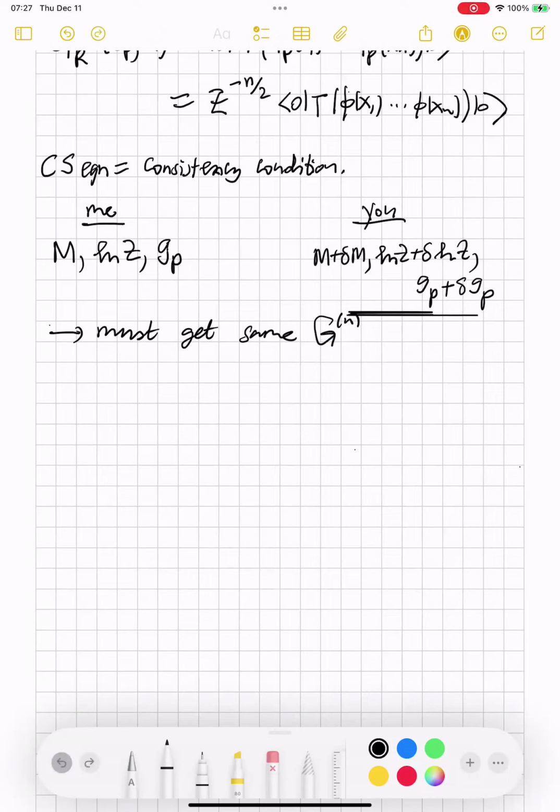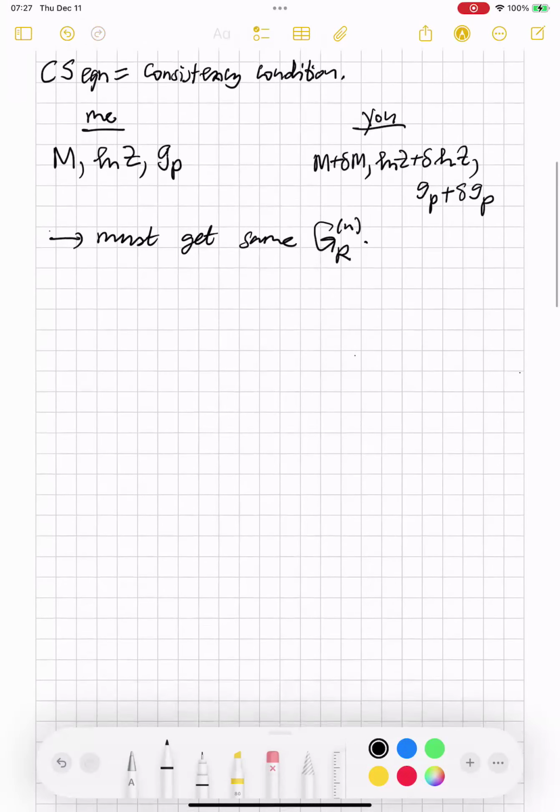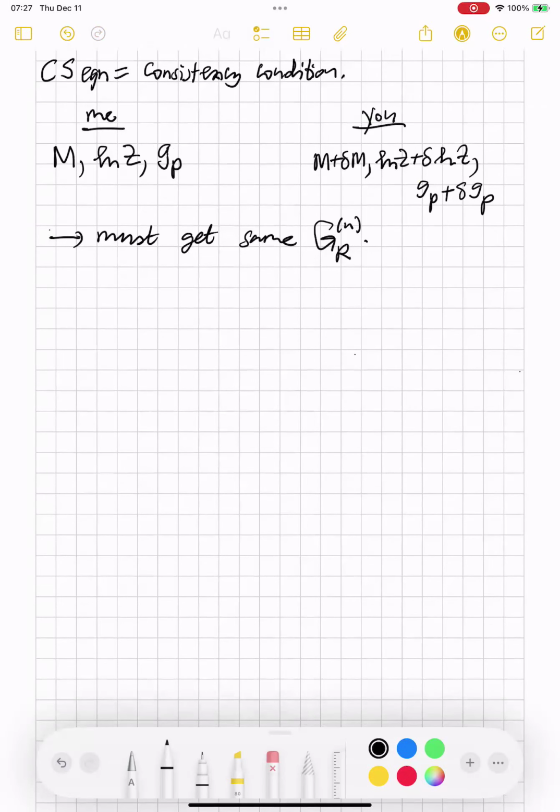And this is going to give us an equation for these changes, the delta m, the delta log Z, and the delta g_P, and that is the Callan-Symanzik equation. Okay, so let's see how to do this.